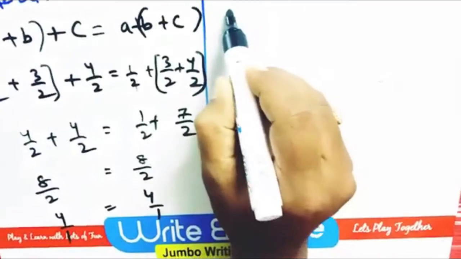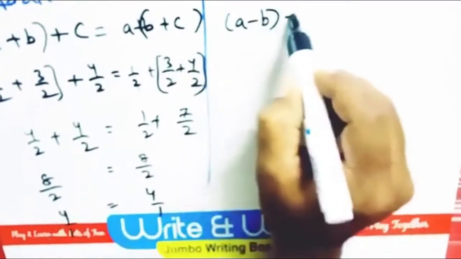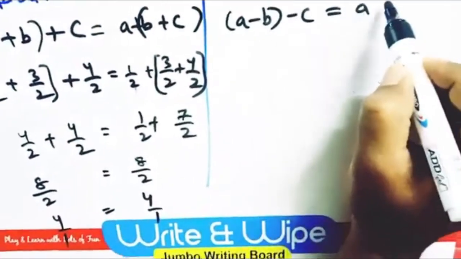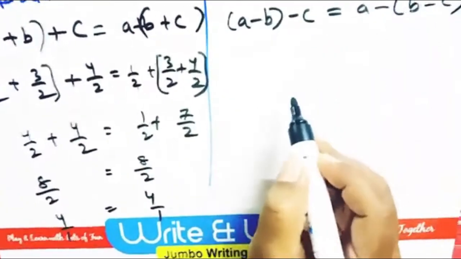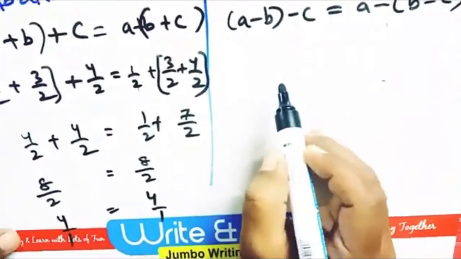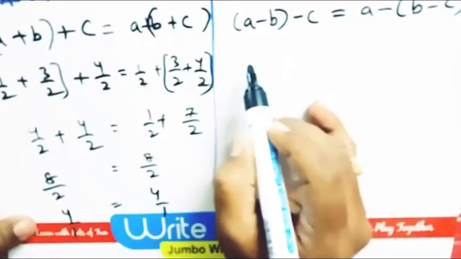Now we will go with the subtraction. The same example I'm taking. We will check the condition a minus b minus c against a minus the quantity b minus c.